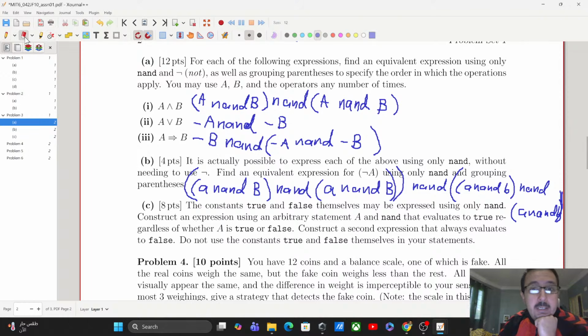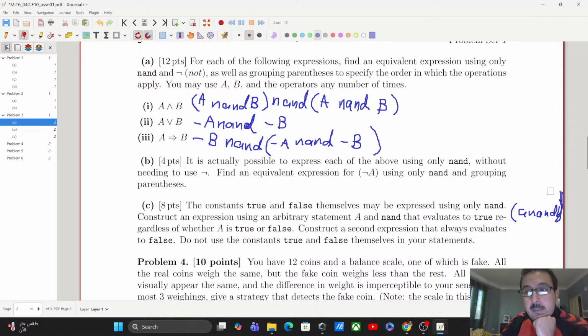Twice. Can we say twice? I have to give it smaller and writing.